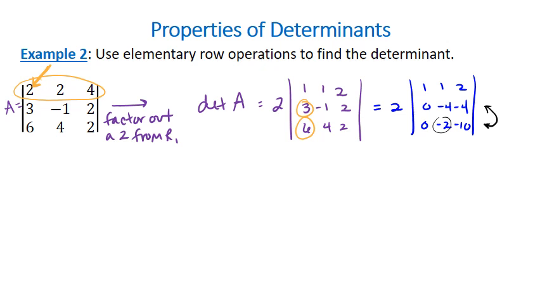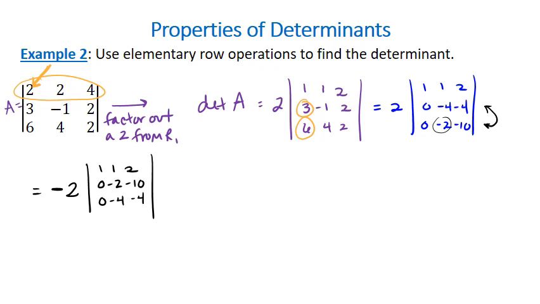So I'm going to interchange, and remember, when I interchange, I need to negate the determinant. So that now becomes a -2. Row 1 remains the same, but now I've changed the location of these just for simplicity's sake.